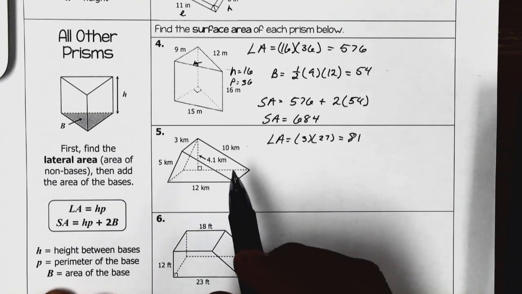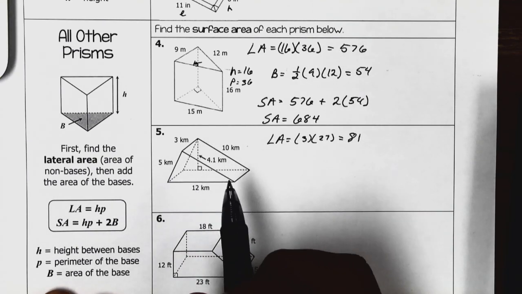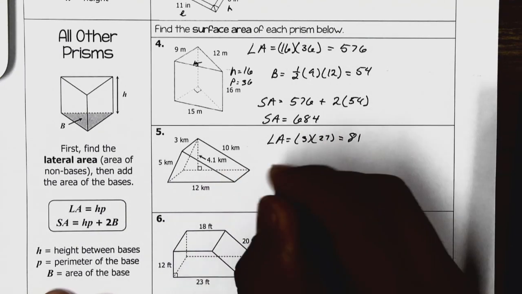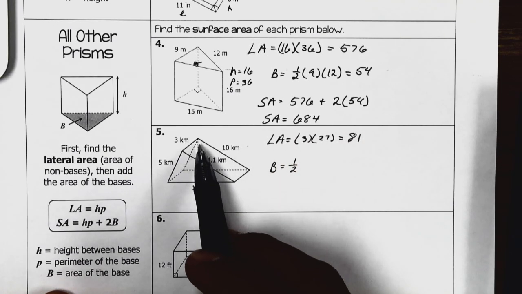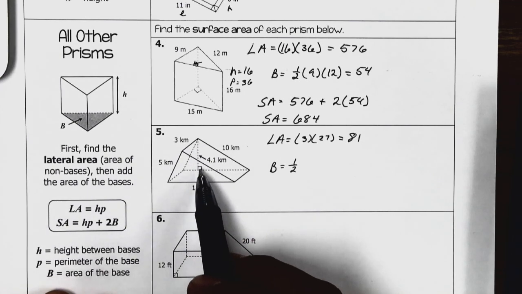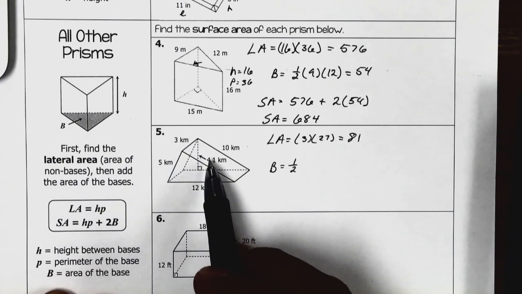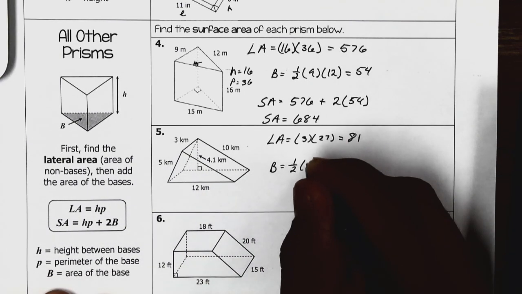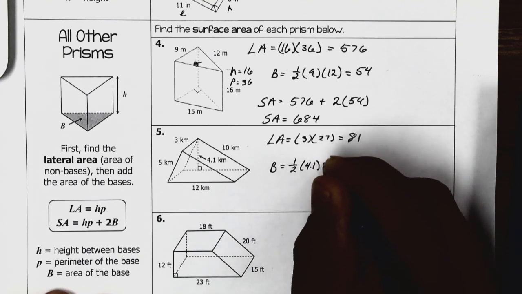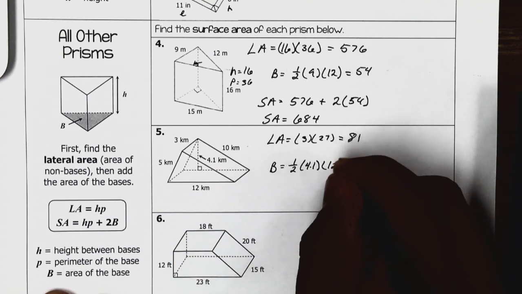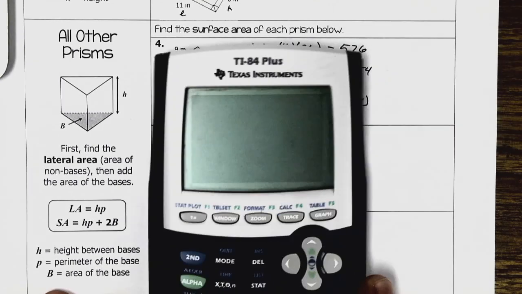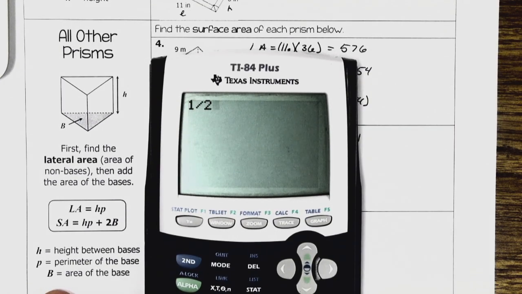All right, next we need to get the area of the base. So that's big B. So it's a triangle again. So we're going to do 1/2 base times height. So right here, here's this height they gave us at this right angle. So the height is the 4.1, and the base is the 12. So I'm going to do 1/2 times 4.1, excuse me, times 12.